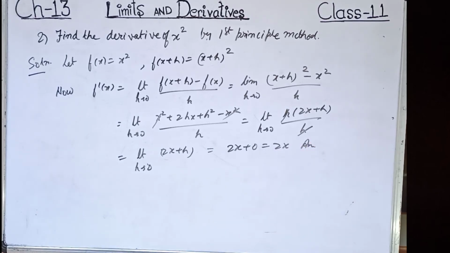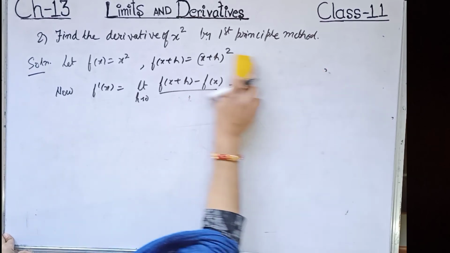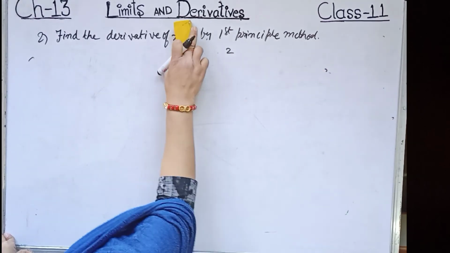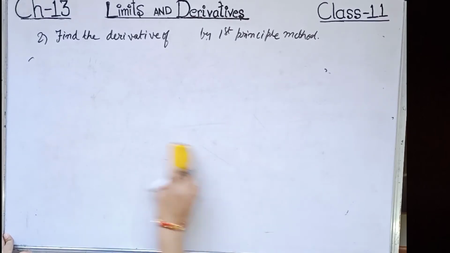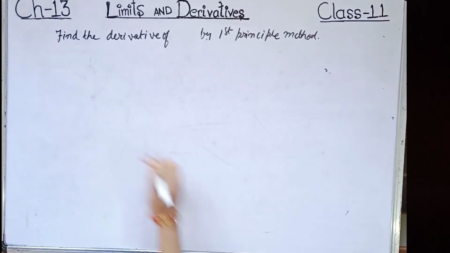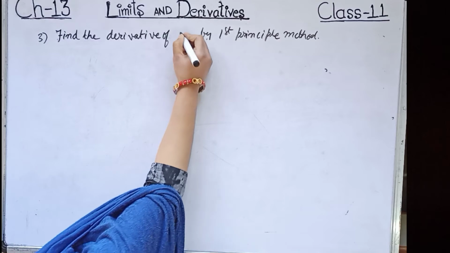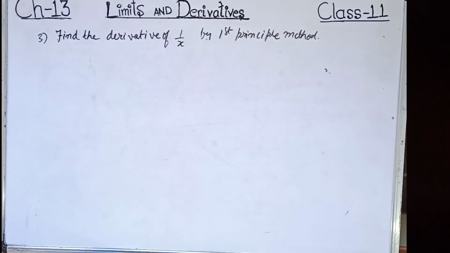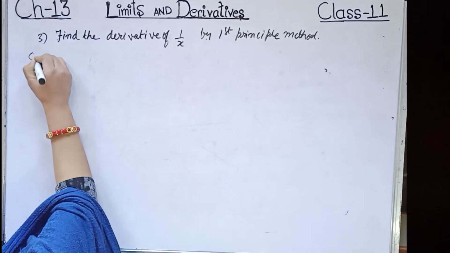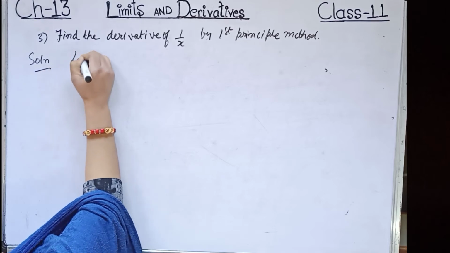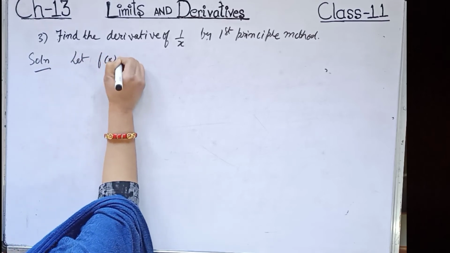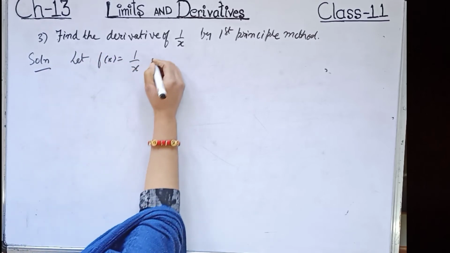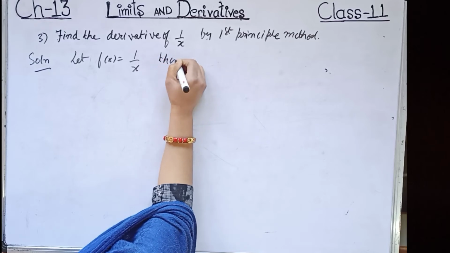Now one more question. Number 3. Find the derivative of 1 by x by first principle method. So same process, everything we will be following. Let f x equal 1 by x.